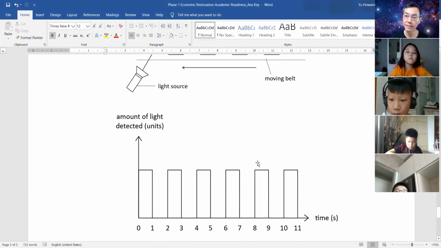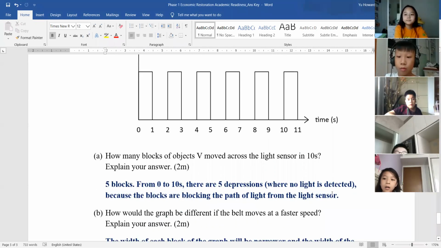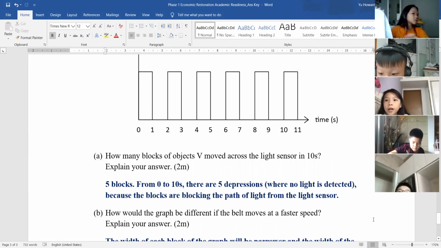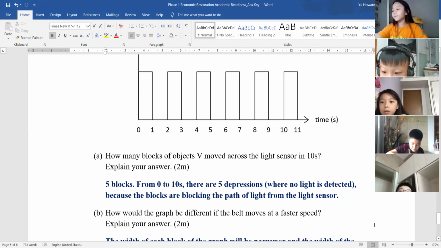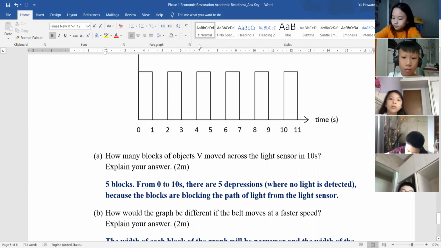Ho Shen, can you read the answer here? 5 blocks from 0 to 10 seconds. There are 5 depressions where no light is detected because the blocks are blocking the path of light from the light sensor. Yeah, correct. So it's actually these 5 depressions.